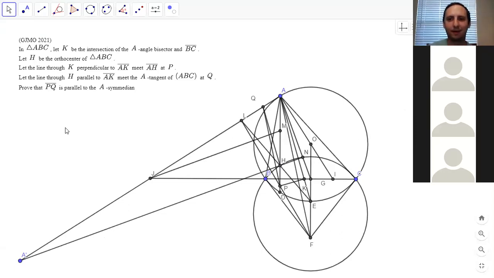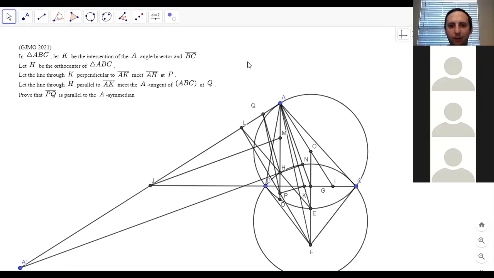So because JA equals JN equals JK. Okay, so we know JN is tangent to the circle.